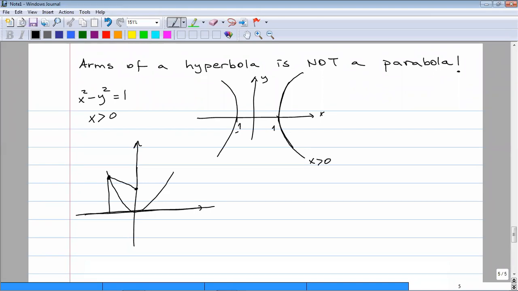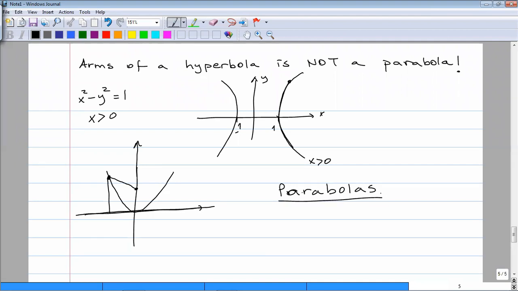Yes, they are not equal to each other. So when you take a point xy on the hyperbola, it doesn't satisfy any equation for a parabola. So what is an equation for a parabola? It's a quadratic formula, as far as I know. Yeah.